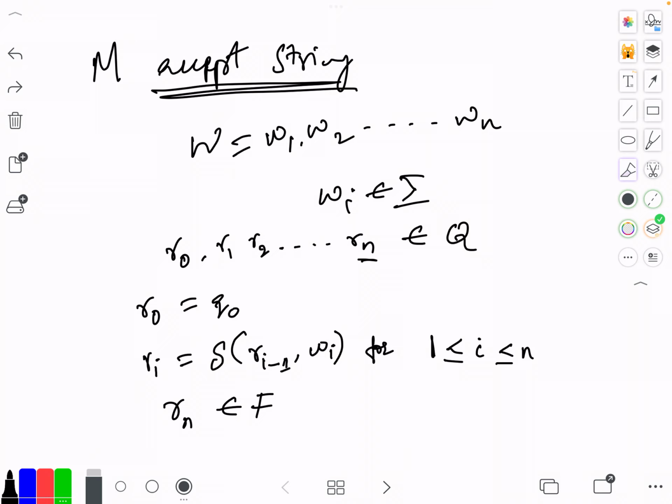Then moving on, a language is regular if some finite automaton recognizes it. If it is not recognized by one, then it is not a regular language. So we are conditioning that language.